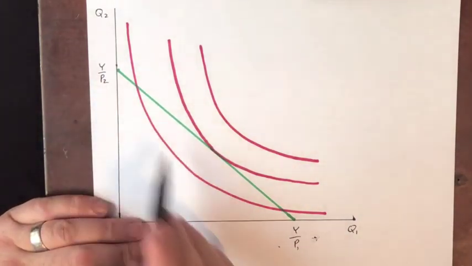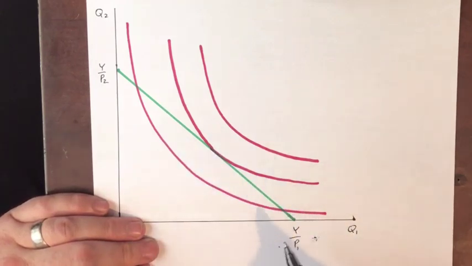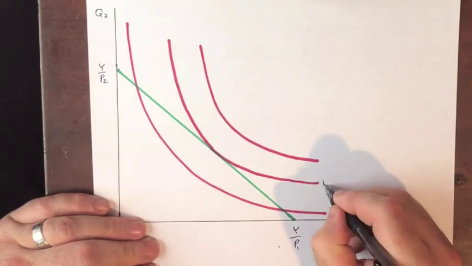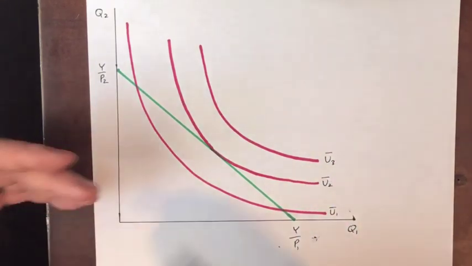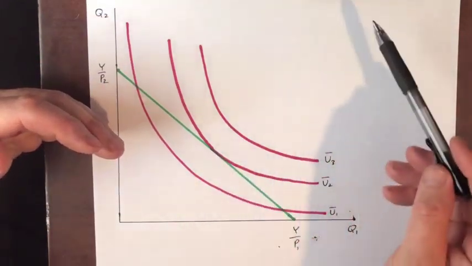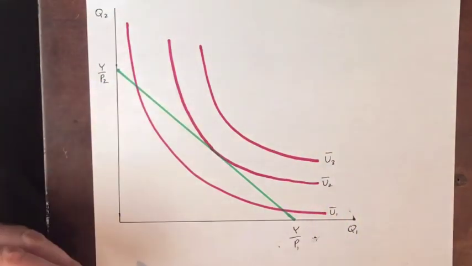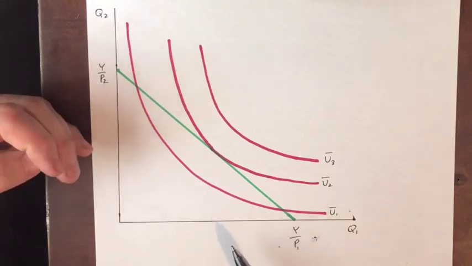What I did was add an individual's indifference curves. Here's indifference curve 1, indifference curve 2, and indifference curve 3. Now keep in mind there's an infinite number in this space. How many curves can fit in a space? A lot, an infinite number. So I just did 3 so we can see what's going on here.